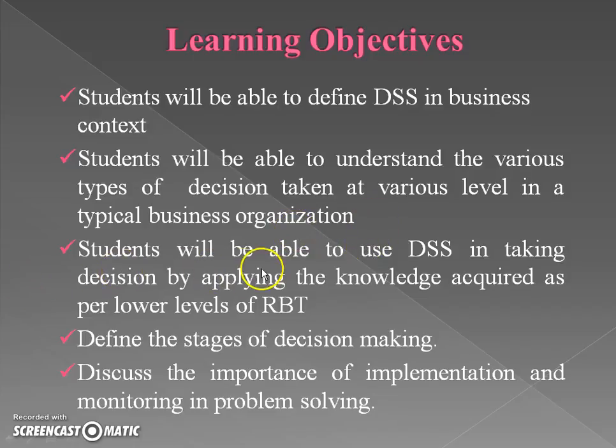The students will be able to use DSS in taking decisions by applying the knowledge acquired, as per the lower levels of revised Bloom's taxonomy, define the stages of decision making, and discuss the importance of implementation and monitoring in problem solving.